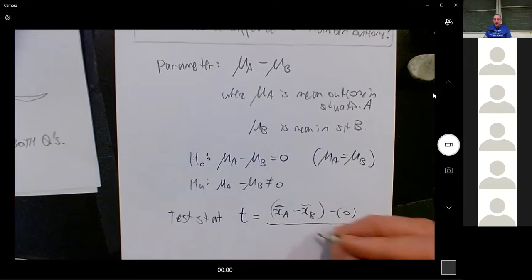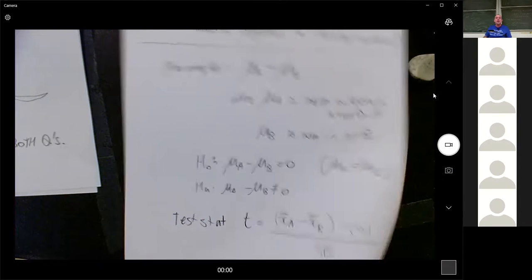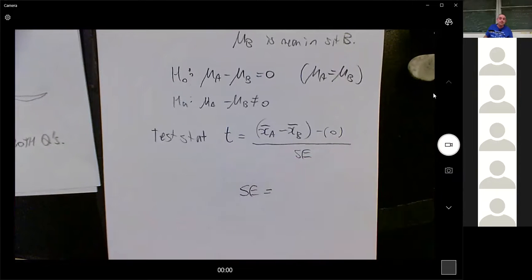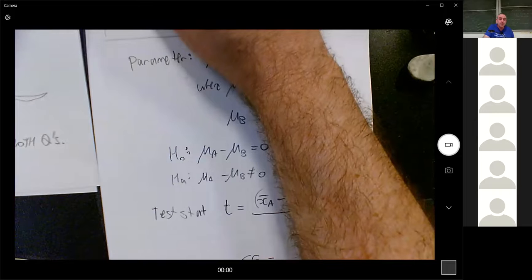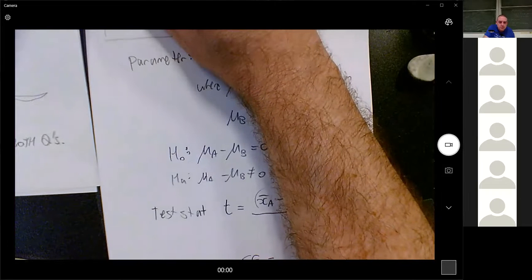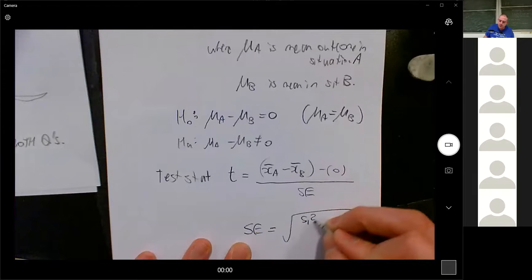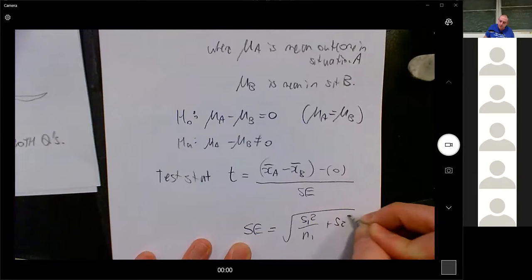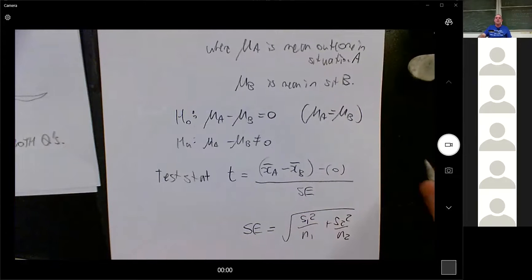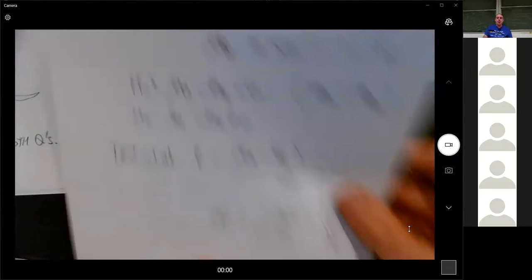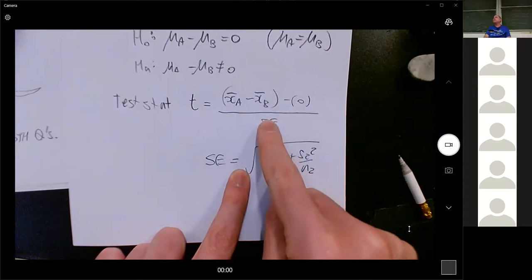The standard error is the thing that goes in this spot. And according to the table, the standard error was this thing. That's what goes in that spot.